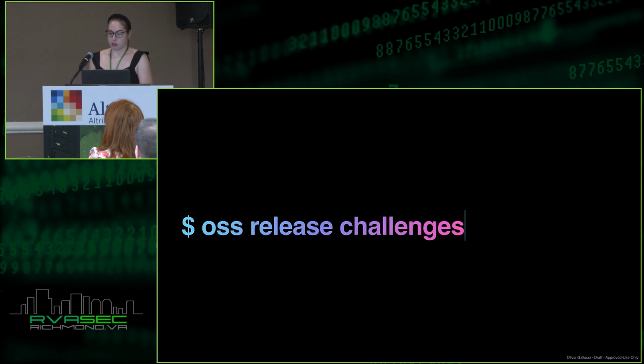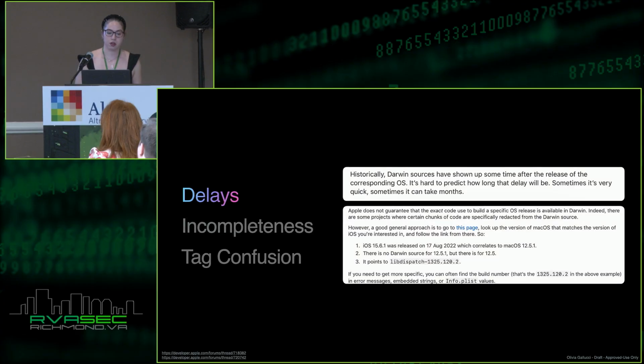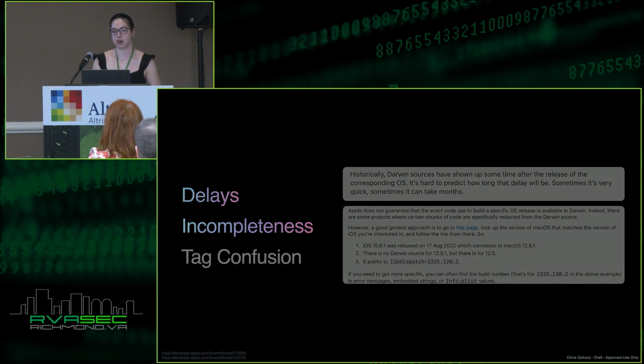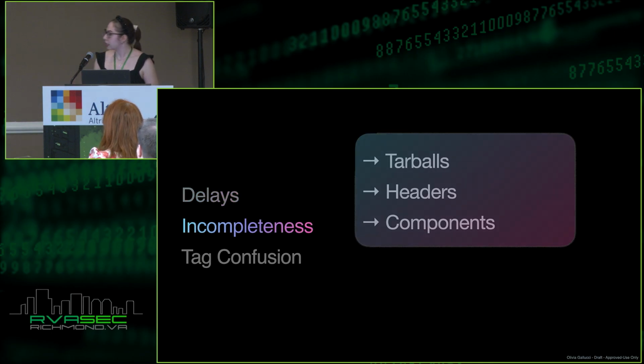Unfortunately, there are many challenges with Apple's open source releases, and I'm going to cover the three main ones. First is delays. Code usually appears weeks or months, maybe even years after the OS ships. There's no warning, no schedule, just a coming soon notice. Sometimes even for 6+ months after the OS ships, it will still have that coming soon notice. Next is incompleteness.